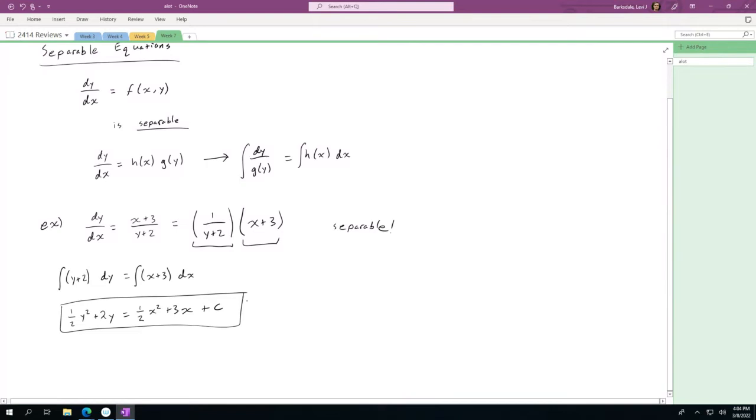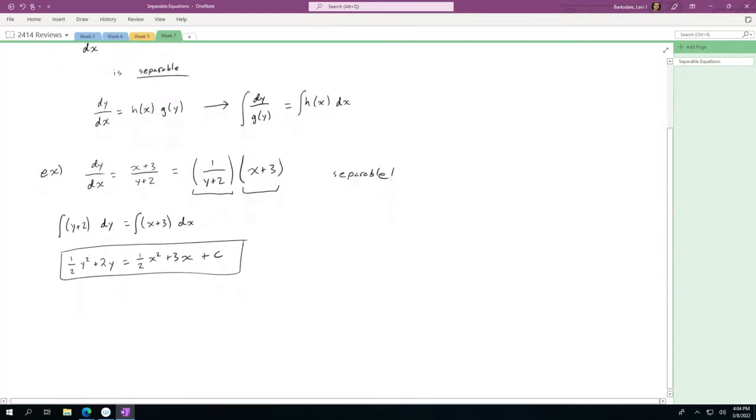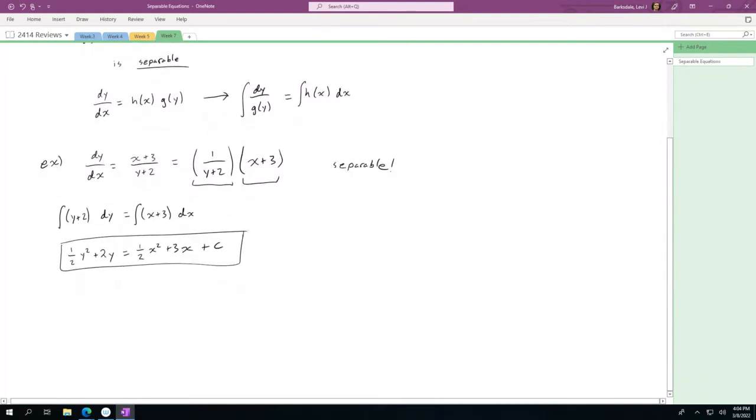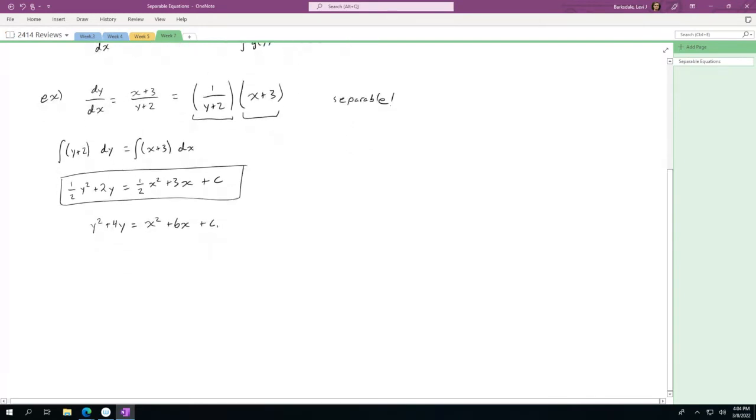Now, if I really wanted to, I could probably find a single closed form solution. So to do that, I'm going to write y squared plus 4y is equal to x squared plus 6x plus c1. So all I did is I take this equation and multiply by 2. And now I'm going to complete the square on my y. So I have y plus 2 squared minus 4.